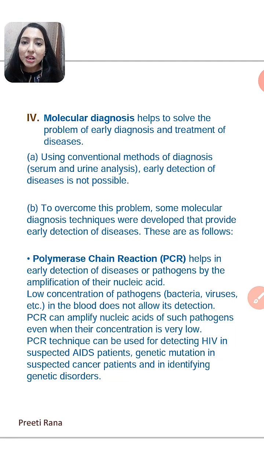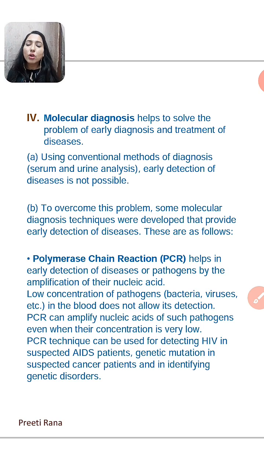The first one is polymerase chain reaction, which helps in the early detection of disease or pathogen by amplification of the nucleic acid, as a low concentration of pathogen or their nucleic acid does not allow its detection. So PCR amplifies nucleic acid of such pathogens even when their concentration is so low.